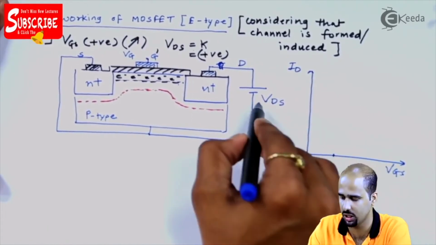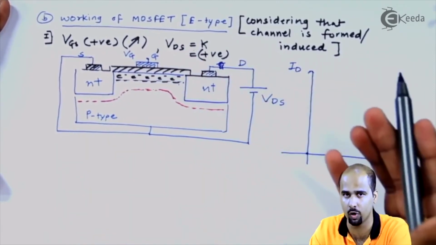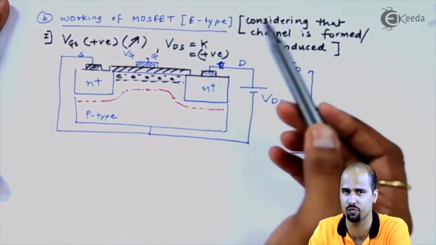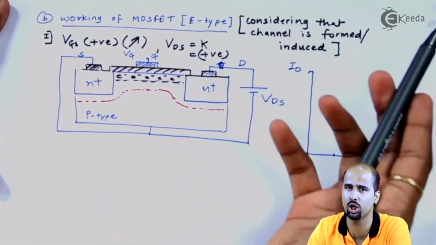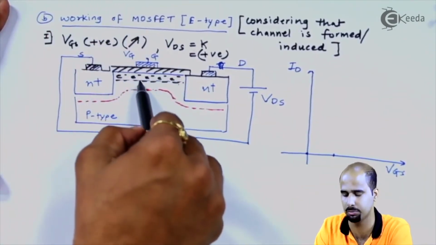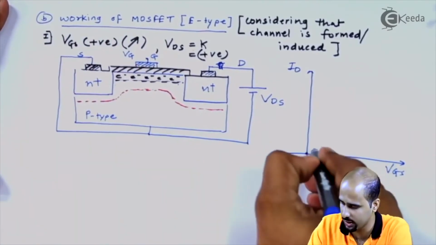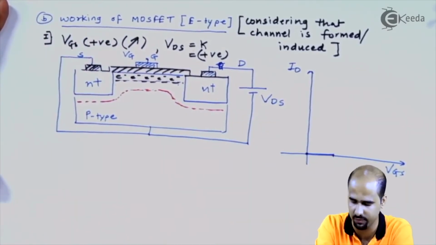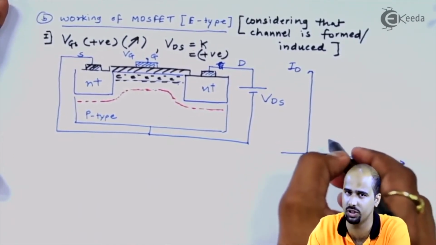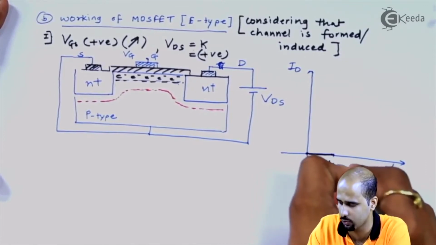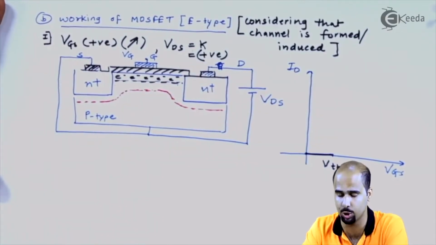Even if I'm changing it, keeping VDS constant and positive, the channel will not get formed, because unless the value of VGS equals VTH, I will not get any formation of the layer just below the oxide semiconductor interface. Till that point I will not get any current, even if I'm increasing the value of VGS up to a certain voltage, and that certain voltage is called VTH, that is the threshold voltage. Now what will happen after the threshold voltage?